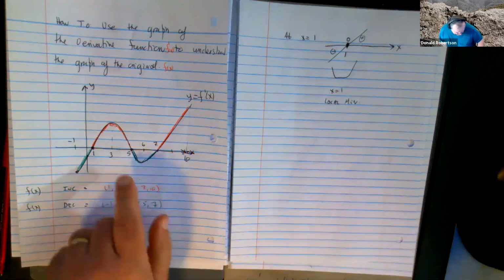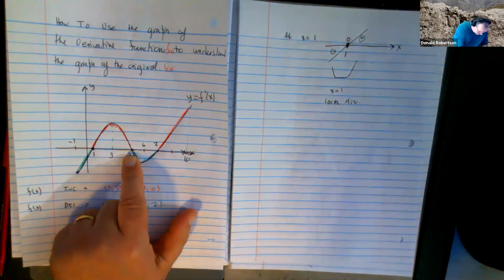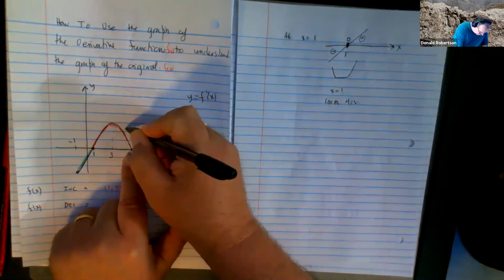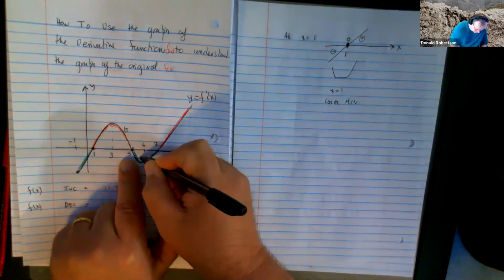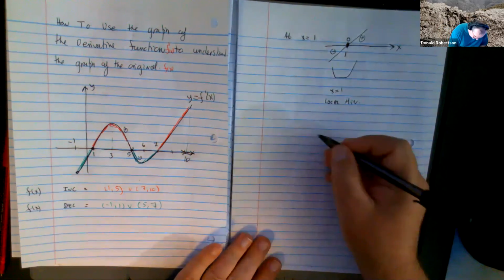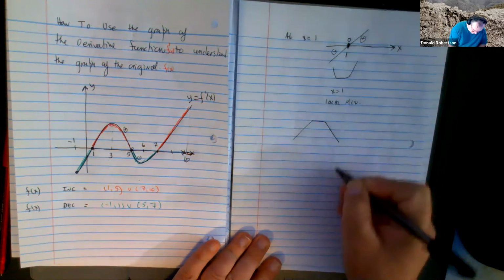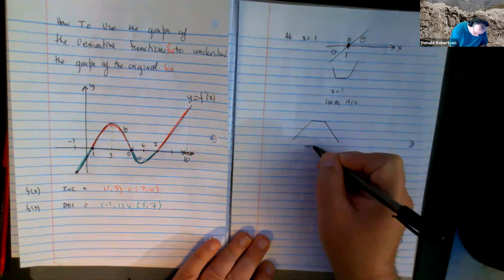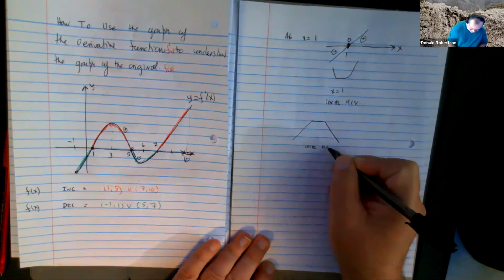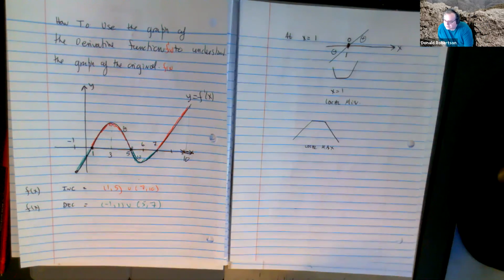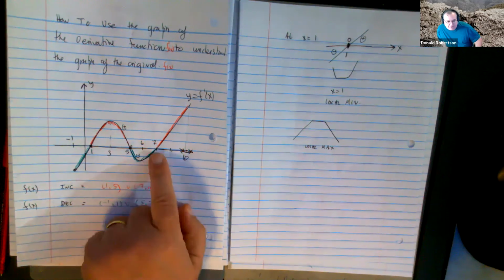Okay, look at 5. Positive, 0, negative. Positive derivative, increasing, 0, negative. Does it not make this what we call a local max? Okay, what's happening at 7?